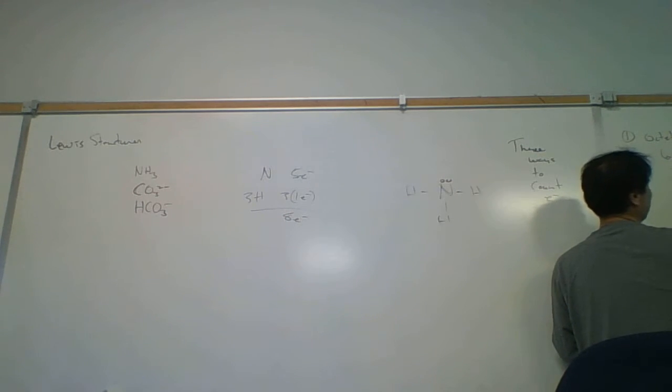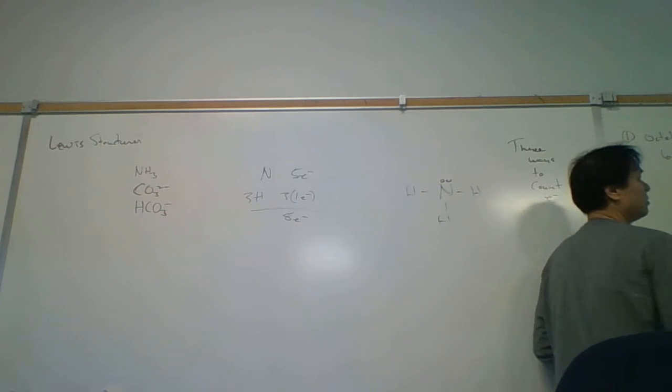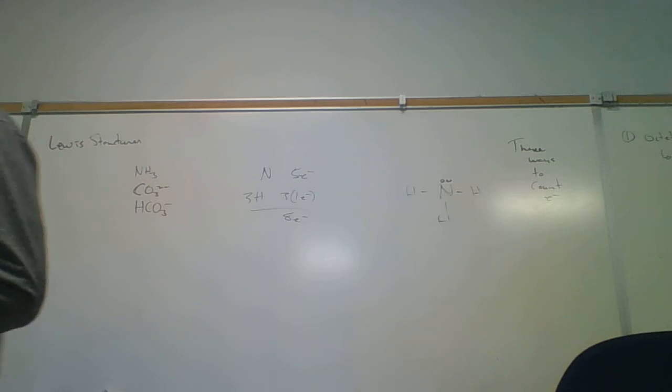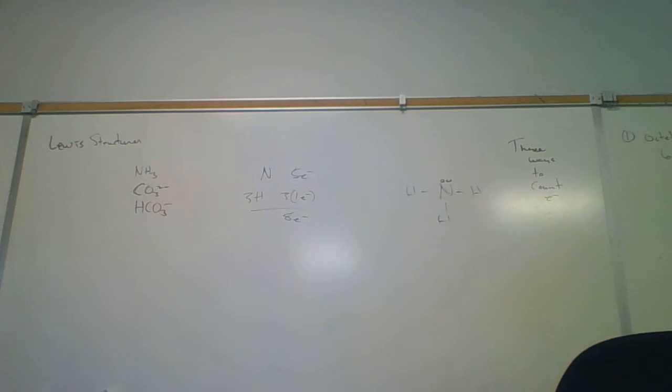Surrounding hydrogen is just 2. So that's a duet, that's a duet, that's a duet. Hydrogen is in the first row, so the first energy level, so it only takes 2 electrons to complete its first shell.